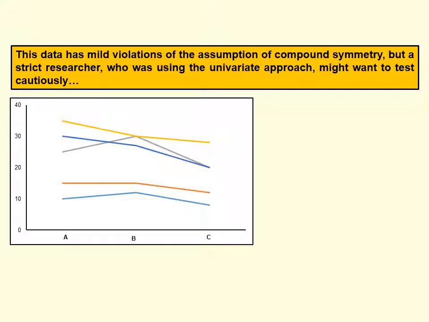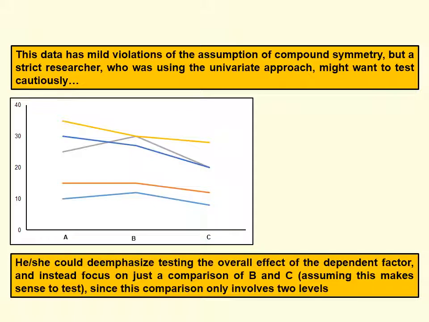So again, here's some data with mild violations of the assumption of compound symmetry, but a very strict researcher who was really committed to using the univariate approach would want to proceed somewhat cautiously. And indeed, he or she could de-emphasize testing the overall effect of the dependent factor and instead just look at a comparison between, say, condition B and condition C, assuming that that was something that makes sense, since that comparison only involves 2 levels of comparison.